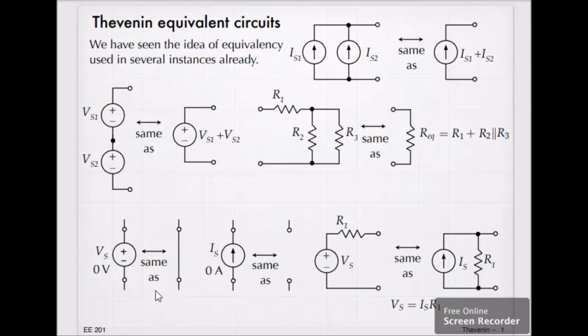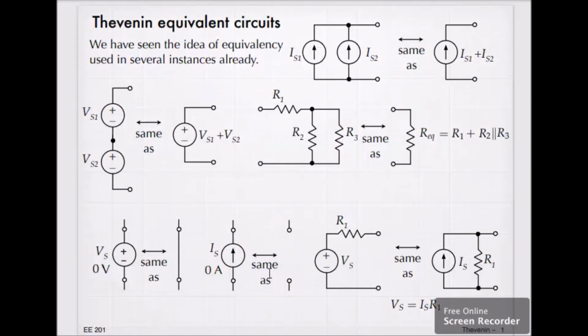And if you have a voltage supply but it is 0 volts, you can simply replace it with a short circuit, since it is 0 volts, it has no voltage supply. Same thing, if you have a current supply and it is zero, as if it has no supply, then you can replace this with an open circuit.